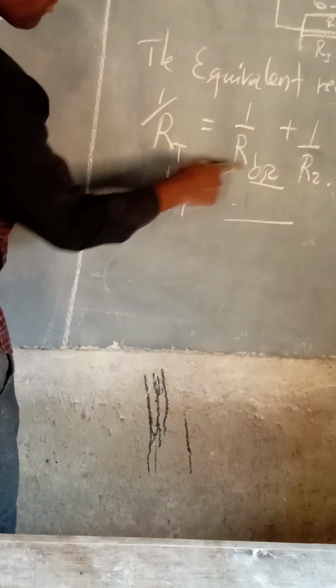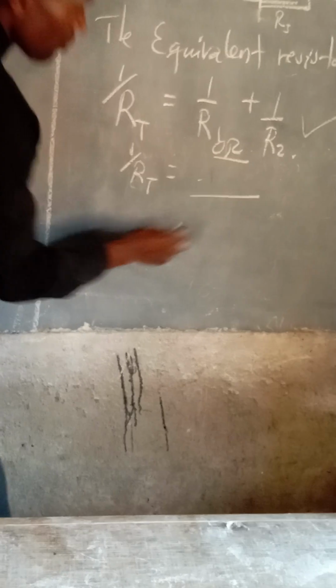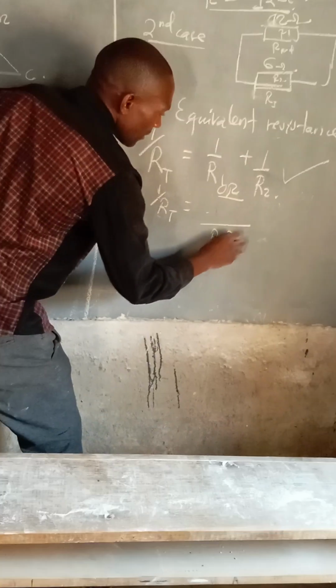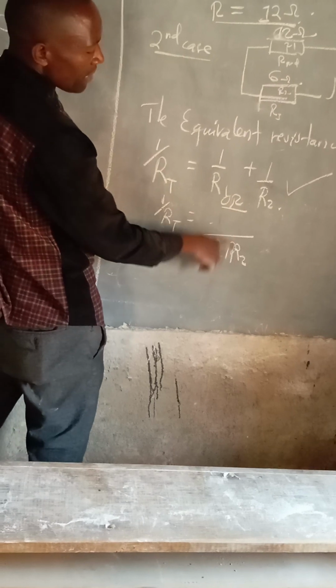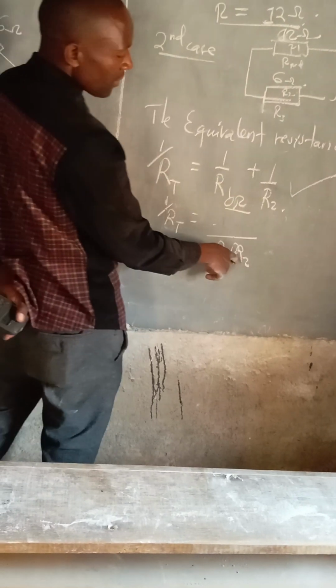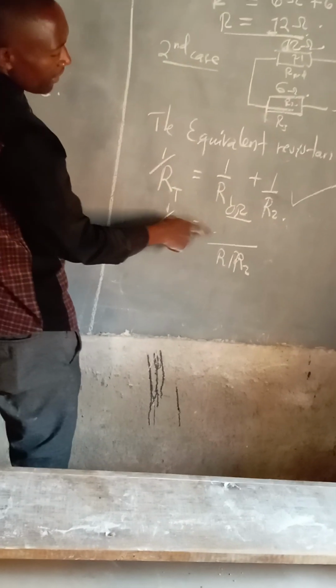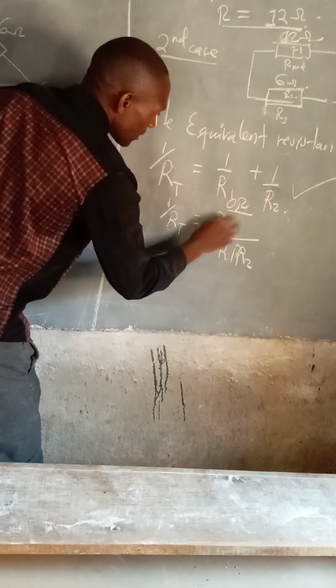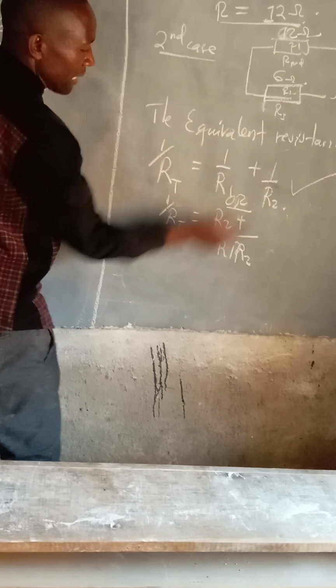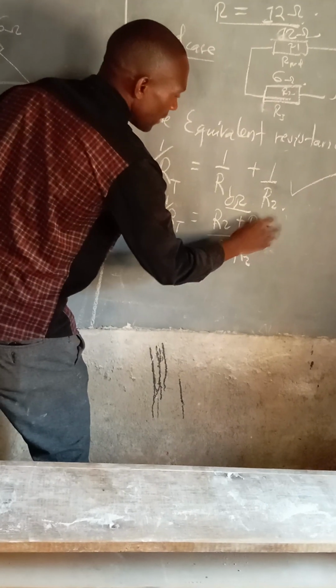Calculate the LCM of resistor 1 and resistor 2, which is resistor 1 times resistor 2. Resistor 1 times resistor 2 divided by resistor 1 gives resistor 2, plus the remaining resistor 1.